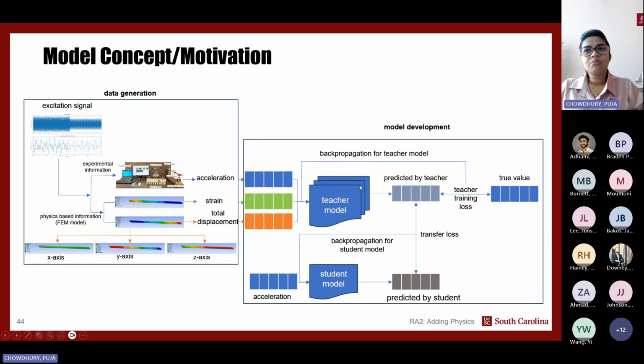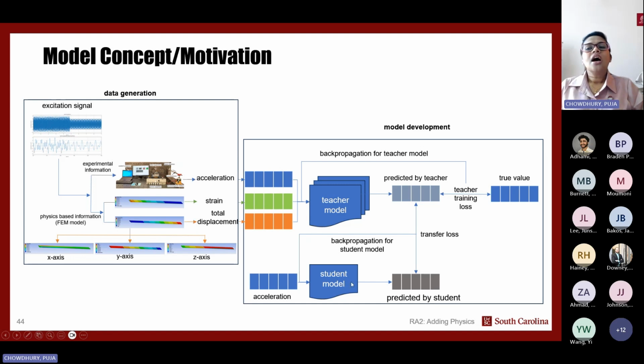So here is a heavily weighted teacher model, where we feed all the data, experimental and physics informed data, and do the prediction from this teacher model. From the teacher model, what we predict, we measure the loss with the truth value and do the backpropagation until we achieve the best performance. Then the training is done for the teacher model.